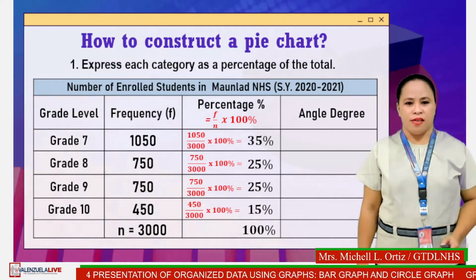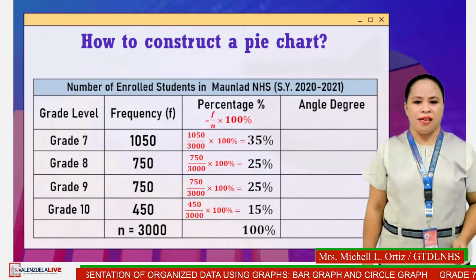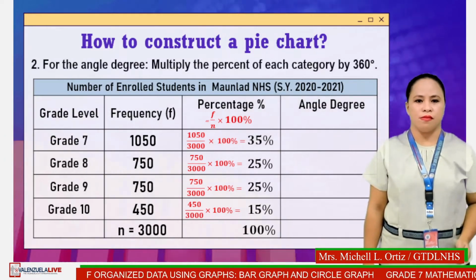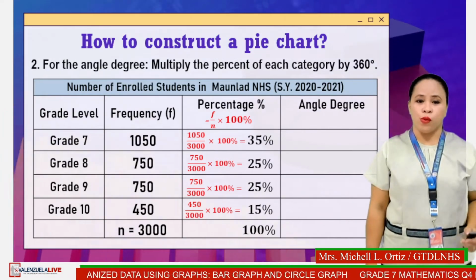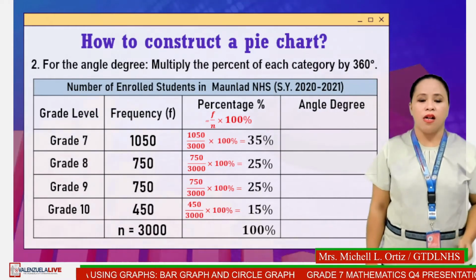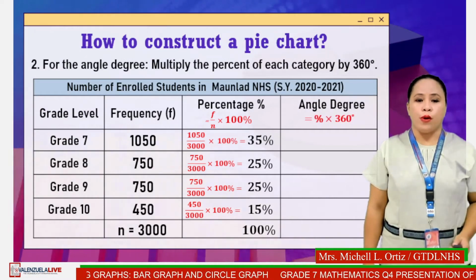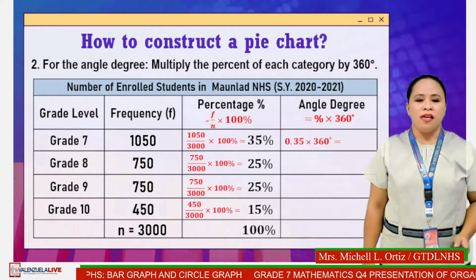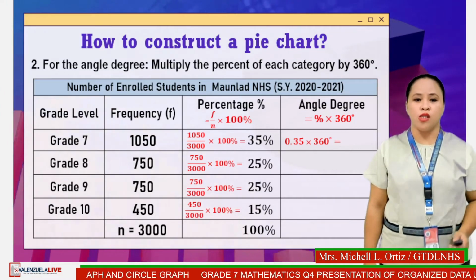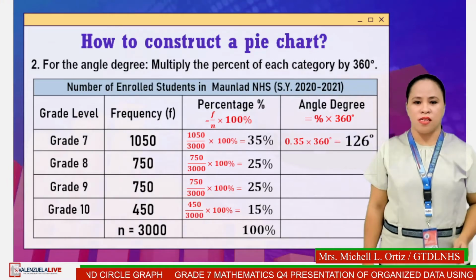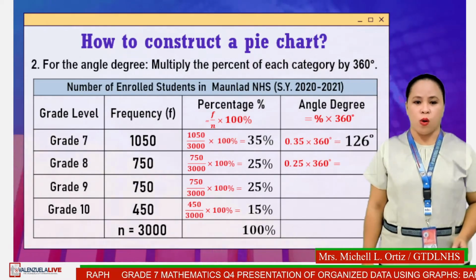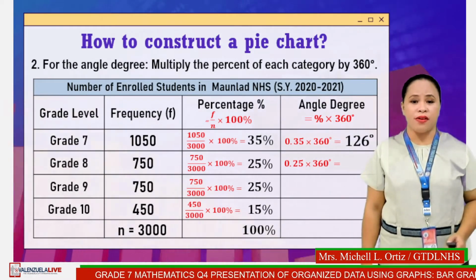For the angle degree, multiply the percent of each category by 360 degrees. This will give you the measure of their corresponding angles in the circle. For grade 7, multiply 35% or 0.35 by 360 degrees to obtain 126 degrees. For grade 8, multiply 25% or 0.25 by 360 degrees.